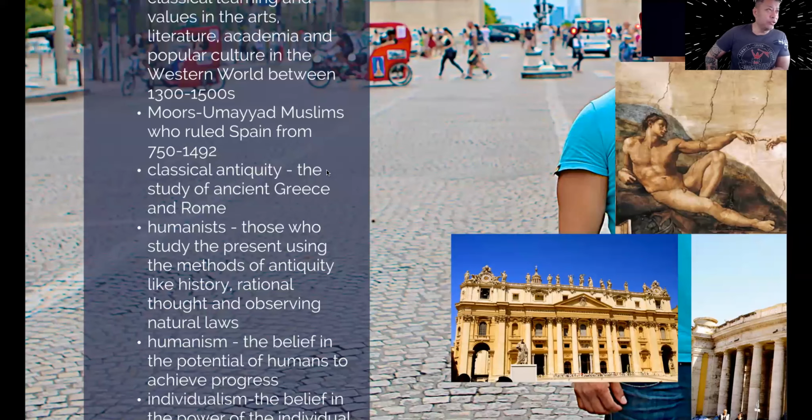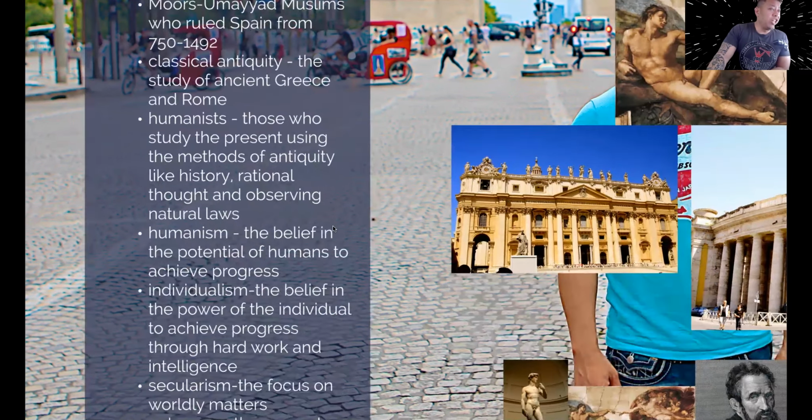You will hear me use the word classical antiquity. Classical antiquity is the study of ancient Greece and Rome. You will hear me use the word humanists.